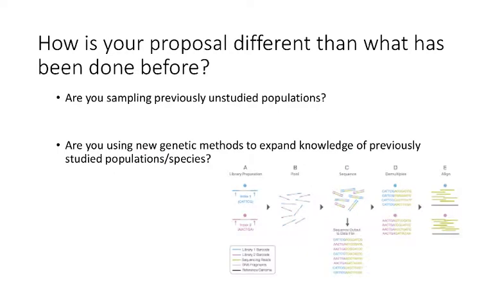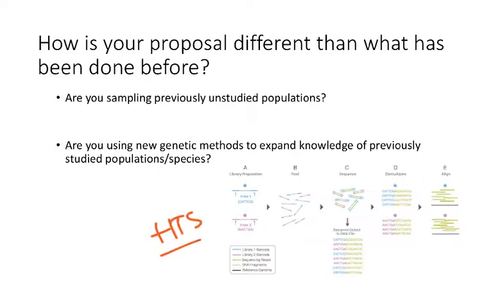Another potential way your proposal could be different than what's been done before is if you're using new genetic methods to expand our knowledge of previously studied populations or species. So maybe people have been studying these populations or this particular species for a while, but usually they use microsatellite markers or something like that, and you are proposing to use high throughput sequencing.